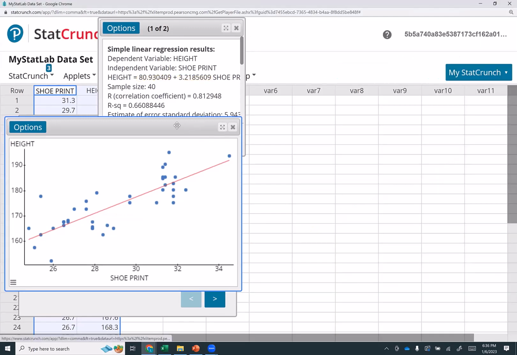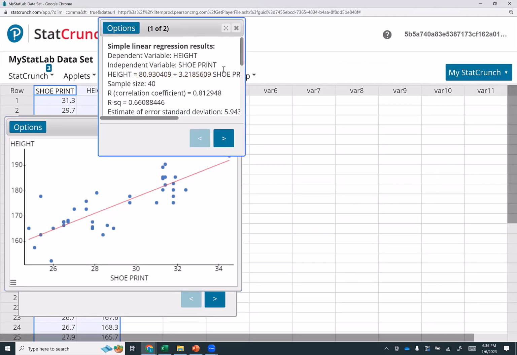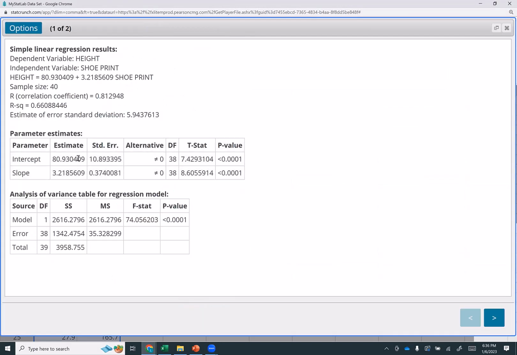If I open this up and I open this up, we have our parameters. There's my intercept. Remember we said y equals mx plus b, where m is the slope and b is the y-intercept. We're using y hat is equal to the slope.